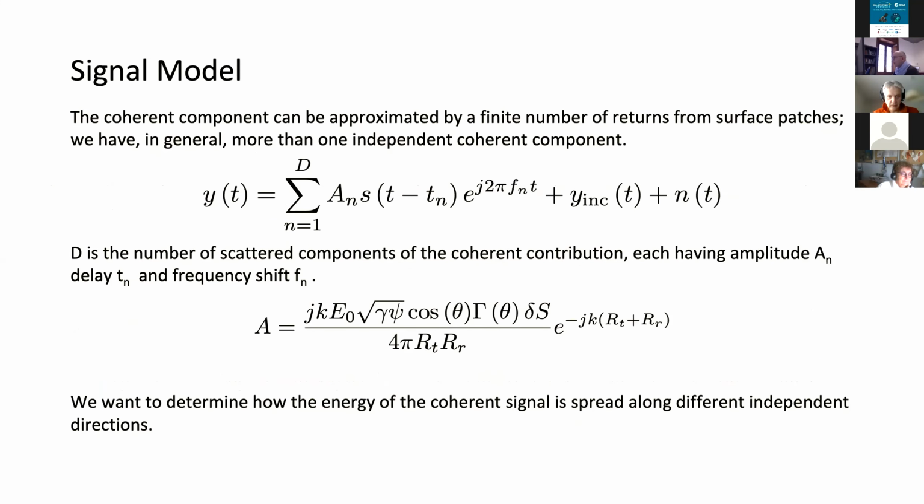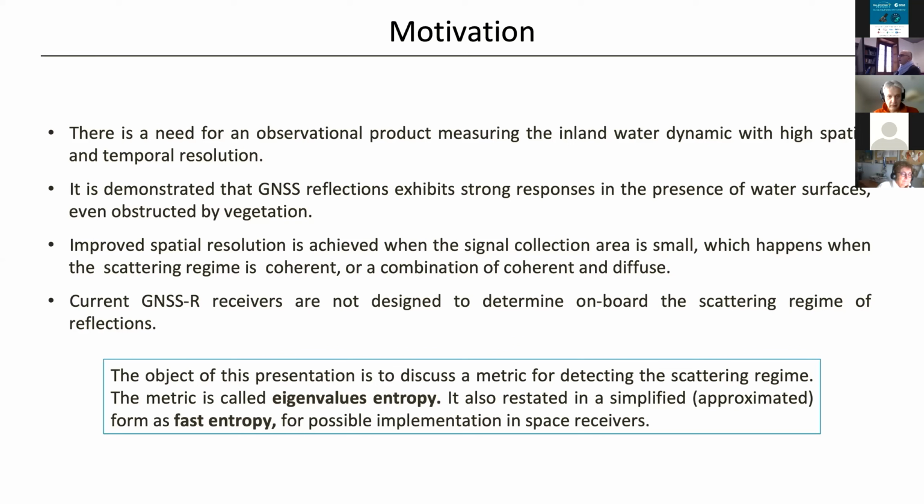The current GNSS receivers are not properly designed for this kind of measurement, but next generation receivers will do this. The objective is to discuss a metric that has been developed and is called the entropy of eigenvalues.